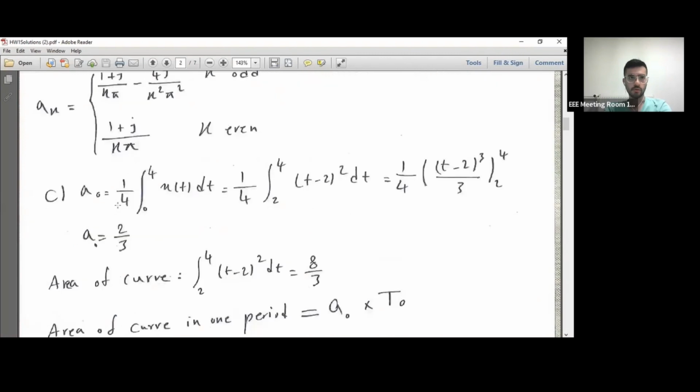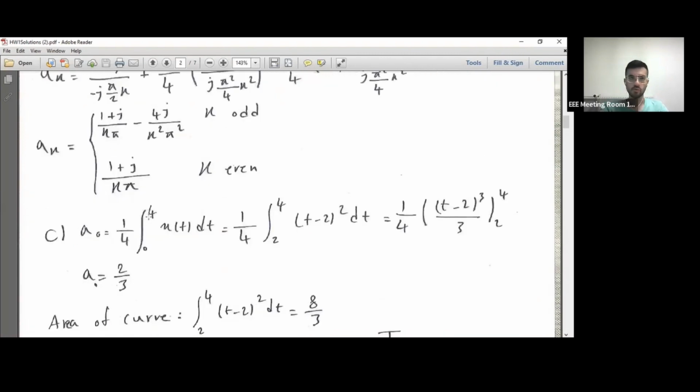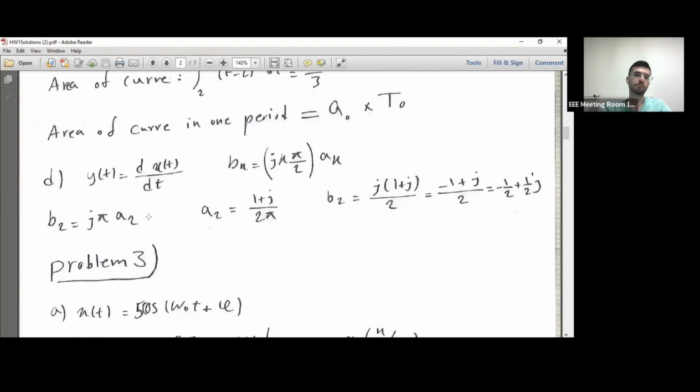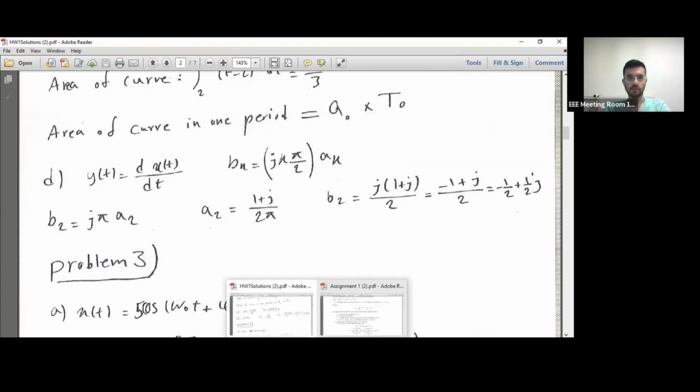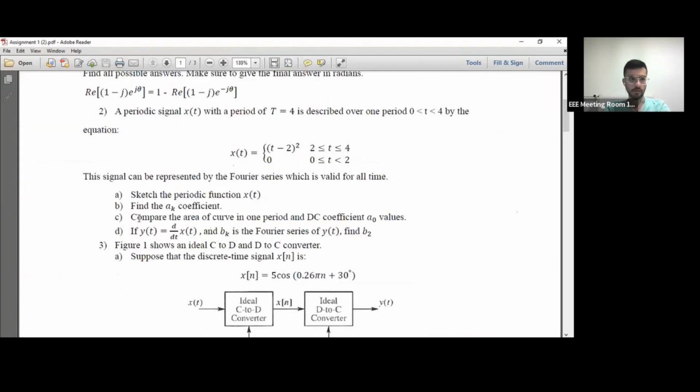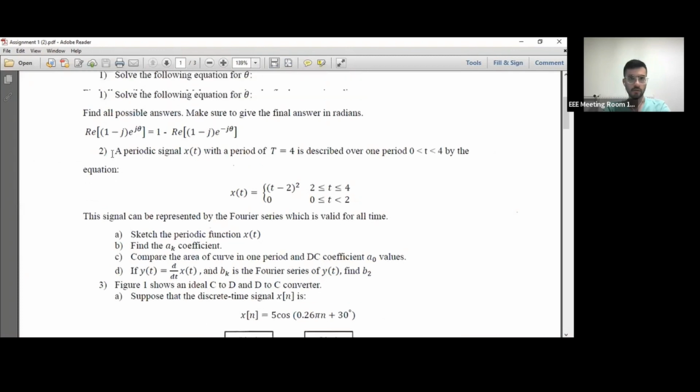So we can find b2 as this one. There is no need to calculate coefficients from the Fourier series. This is the answer for part D, for the second question.